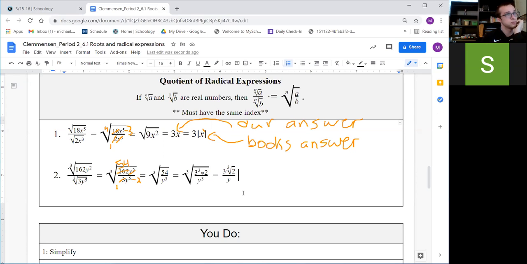All right. Are there any questions on this problem? Anybody confused on any part of this, knowing that you're about to do the you-do section and the exit ticket on your own? Any questions?